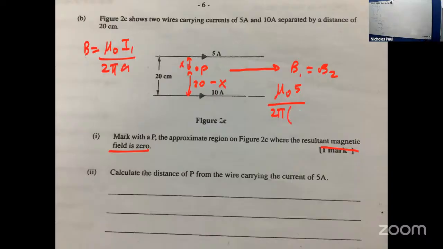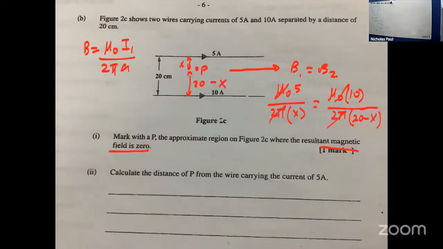Here will be X. The next side will be mu naught 10 over 2 pi 20 minus X. So I found the magnetic field strength due to the first wire and the second wire. Mu naught by 5, the mu naught will cancel, 2 pi will cancel, and then we cross multiply.